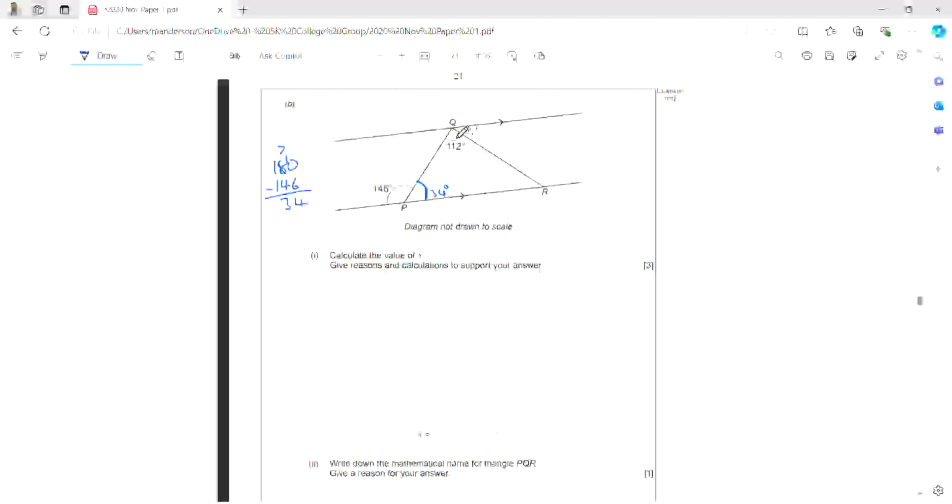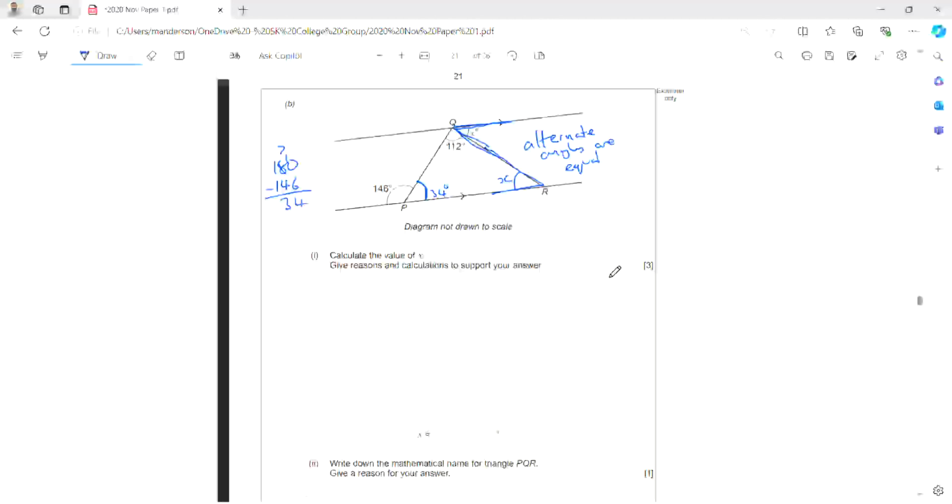I also know that this angle x, and because this is parallel this time, and that angle 34 are the same. So this angle must be 34, and this is because alternate angles are equal. So now we have 34, 112, and x as our three angles inside a triangle.